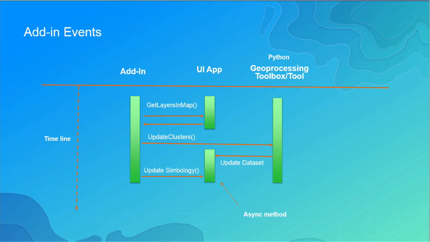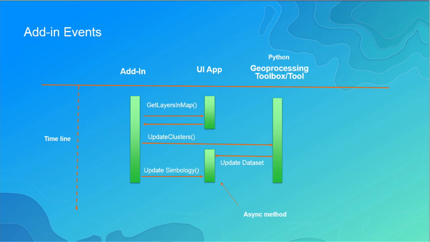And all the properties of the control are going to be in this file. Okay, how to handle the different events inside of the panel. First of all, we have the add-in. When we have the add-in, we get the layers. Okay, we need to create a method that says, okay, give me the layers that you have already in the app. Then when the system returns the methods, I can go and I can change the slider and the system has to update. But we are going to execute a tool, okay, we are executing a geoprocessing toolbox tool.